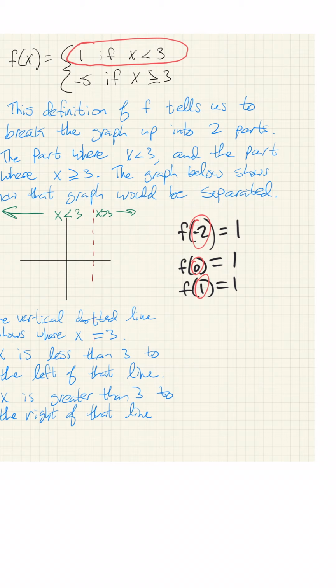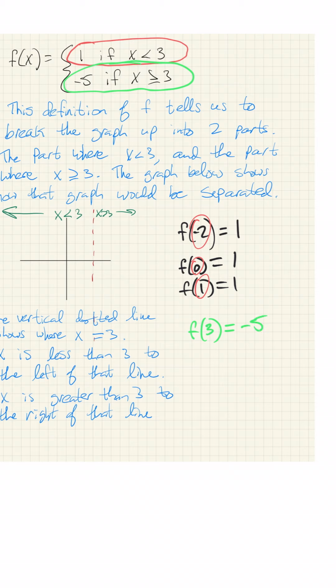So this would happen all the way up to, but not including, where x is equal to 3. If I was to find the value of the function f where x is equal to 3, well, when x is equal to 3 or greater than 3, the value of the function is negative 5.